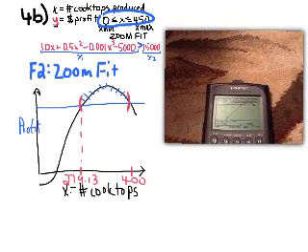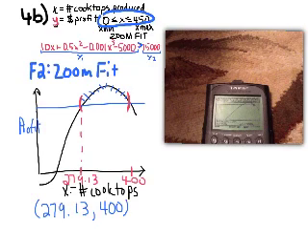Okay, so the answer to the number of cooktops that need to be produced to make a weekly profit of more than 15,000 tells me that I do not want to include the 279. So mathematically, it'd be 279.13 to 400 cooktops.